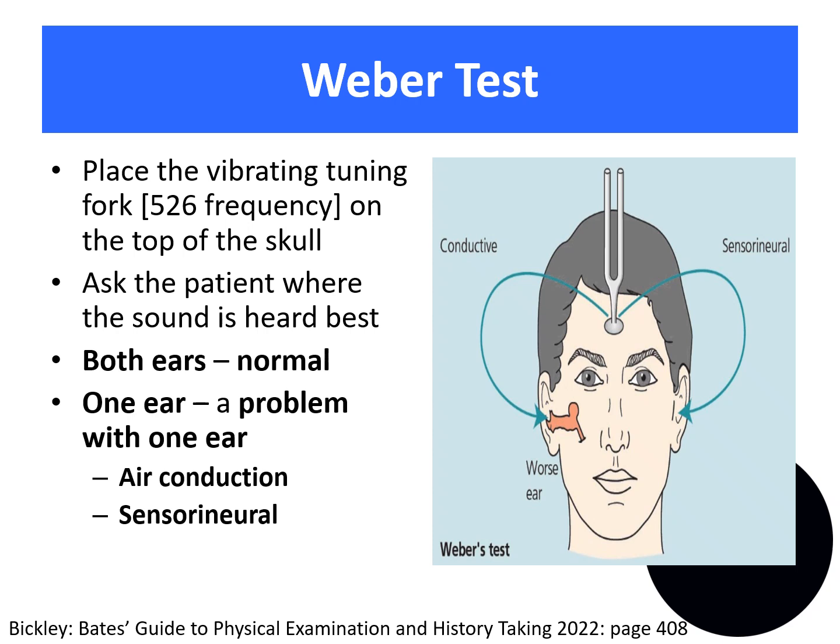The problem could be in the left ear. It could be either conduction deafness or sensorineural deafness. So let me demonstrate this by asking you to do the following. Make the sound in your head for a couple of minutes and tell me if you hear this in any ear more than the other.